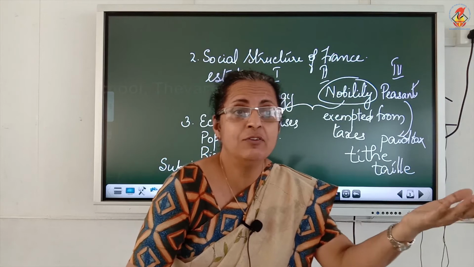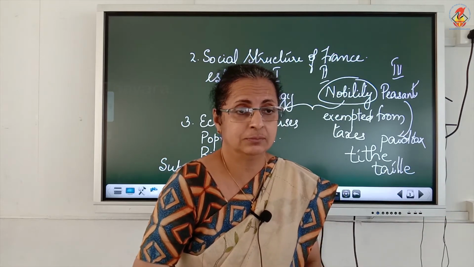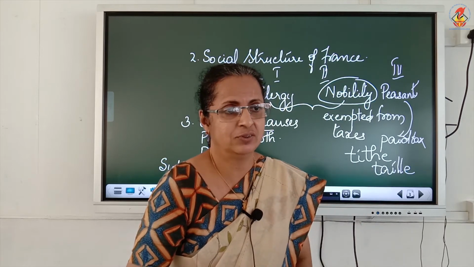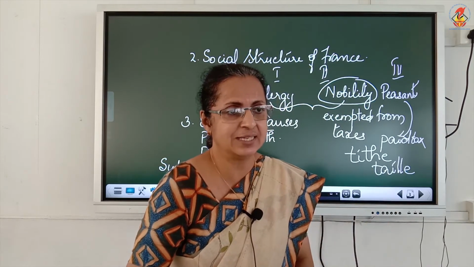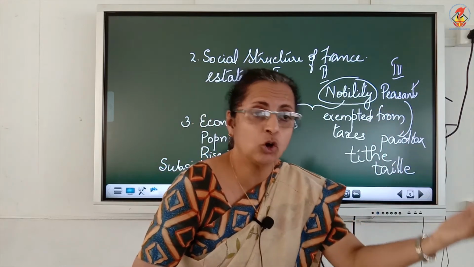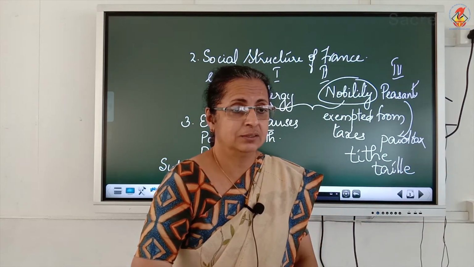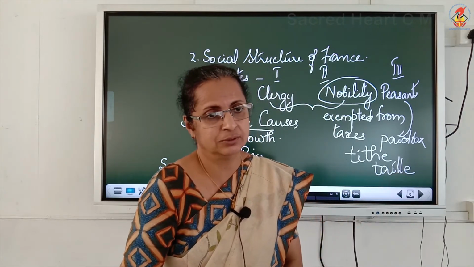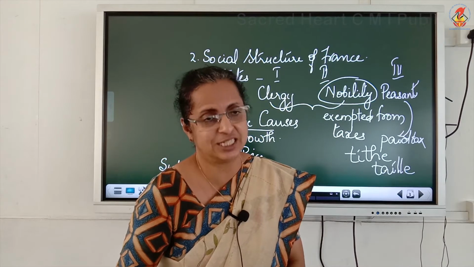And the survival of these people is a big question mark. How will they survive without enough money in hand, without being able to buy enough food, and their crops are damaged or they get only poor production? So they are in a really bad situation.